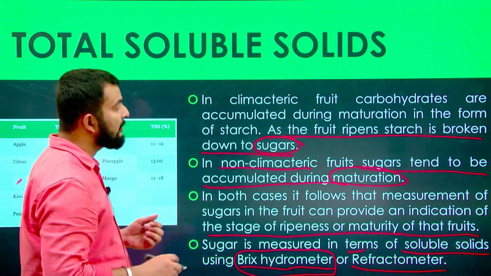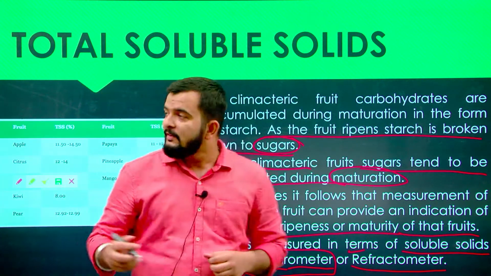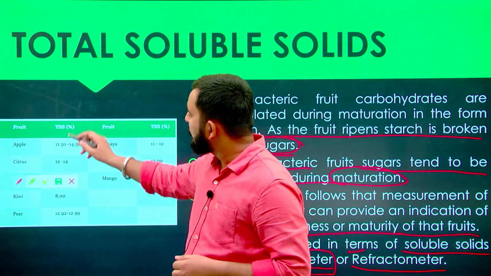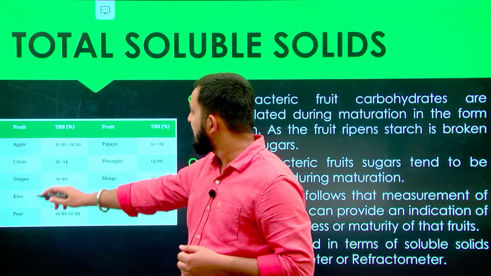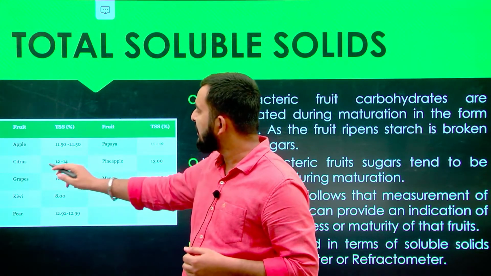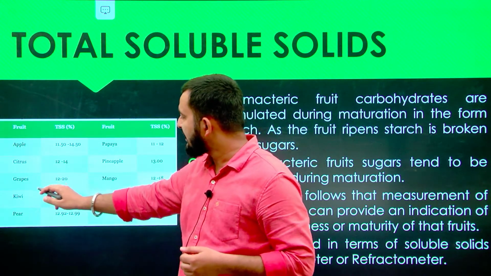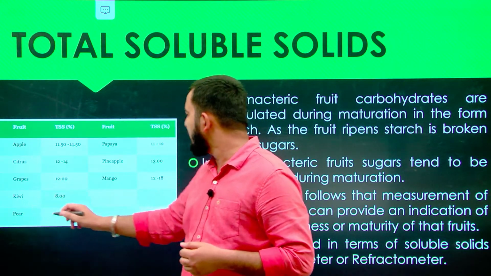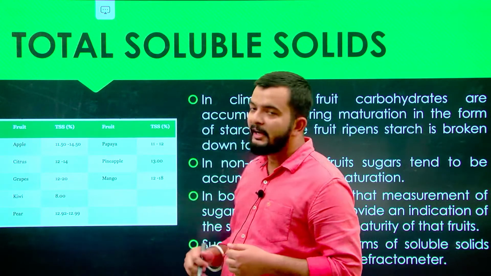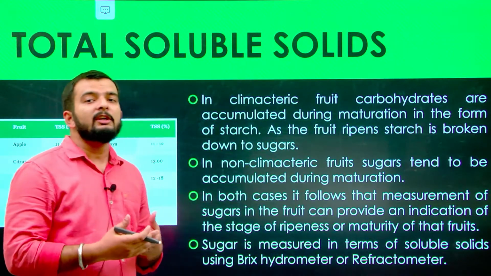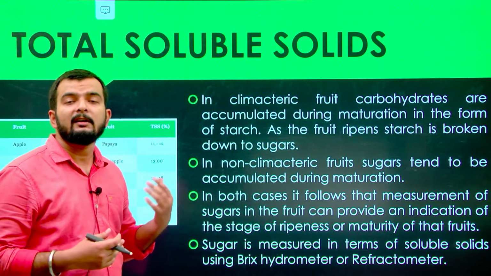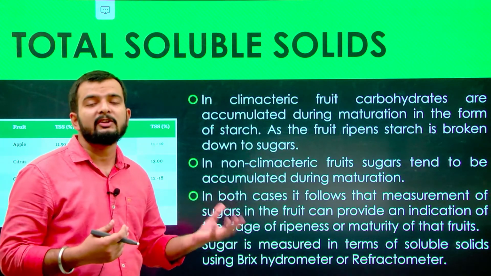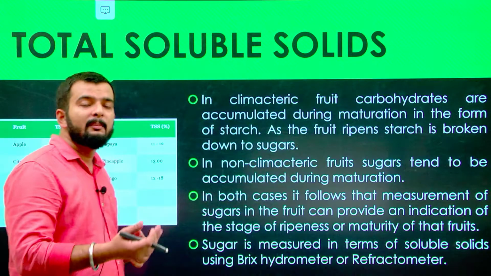Here you can see I have enlisted some TSS values for some fruits. For apple, it is 11 to 14, then citrus 12 to 14, grapes 12 to 20, similarly mangoes 12 to 18. So, based on the TSS, or the total soluble solids, you can classify if a fruit is mature or not, or what is the degree of matureness.